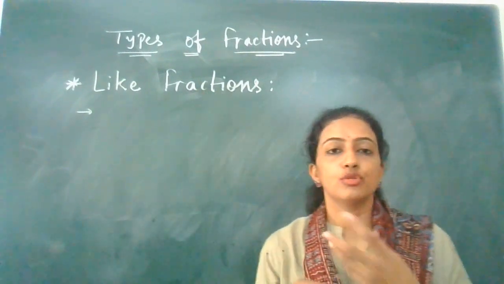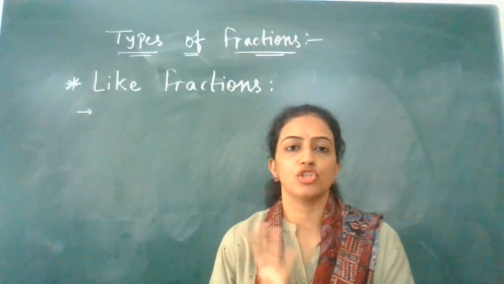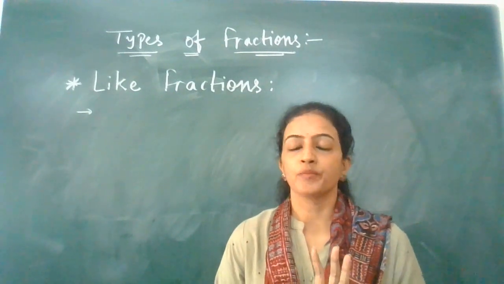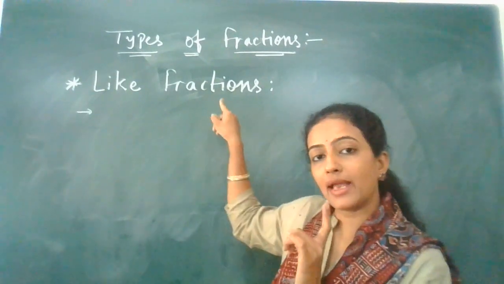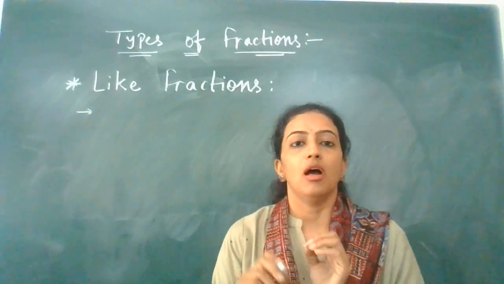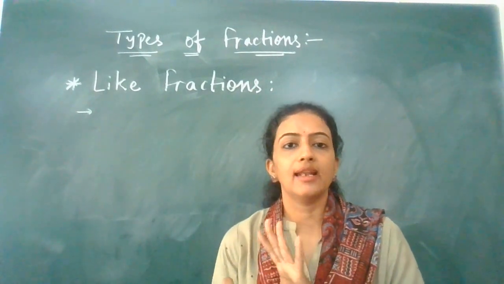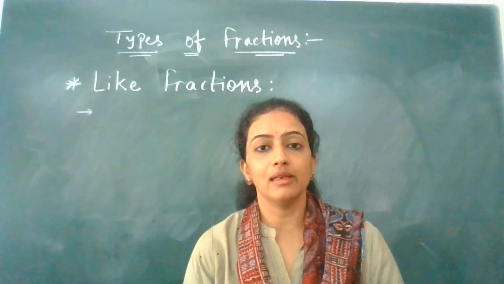Okay, so two or more fractions together make like fractions. A single fraction cannot make like fractions. So always remember for like fractions, that's why it's plural, like fractions. Unlike fractions are also never represented as a single one.